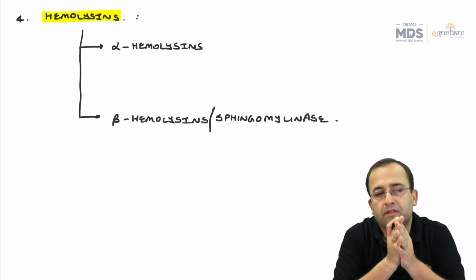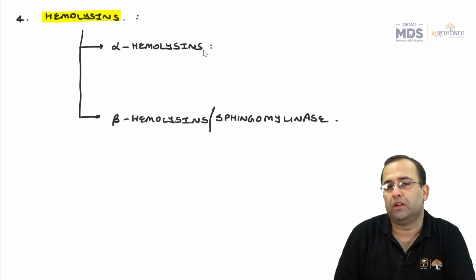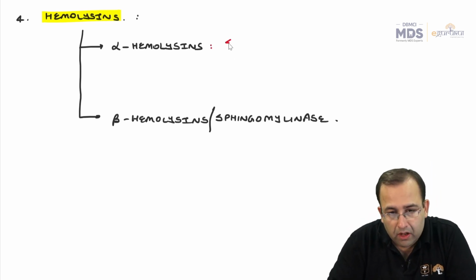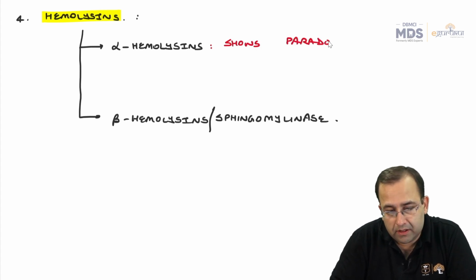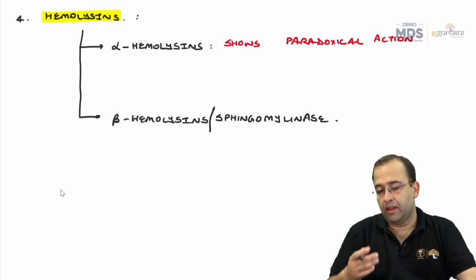They are causing hemolysis. Alpha hemolysins, the point to be noted here, show paradoxical action. This is again asked. Meaning, what is the paradox in this?